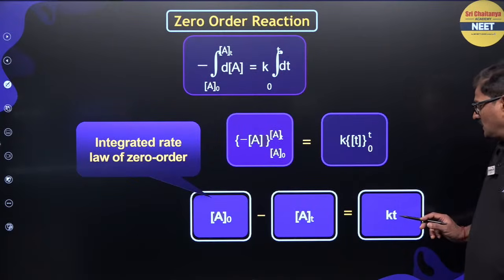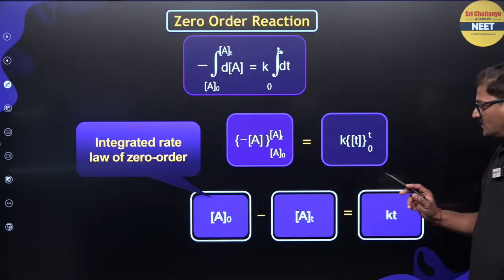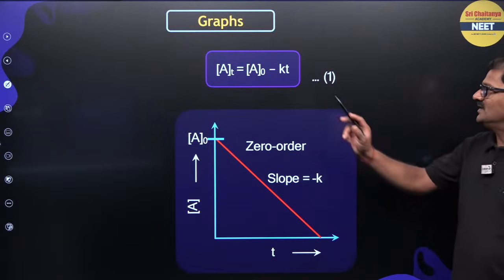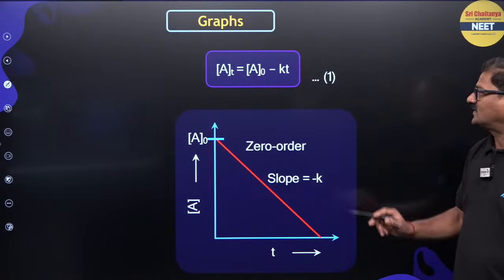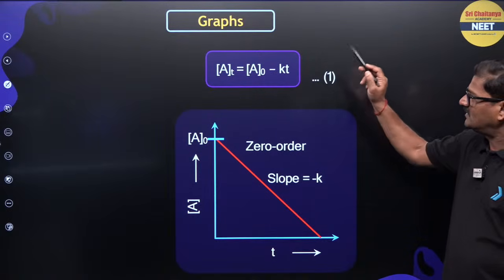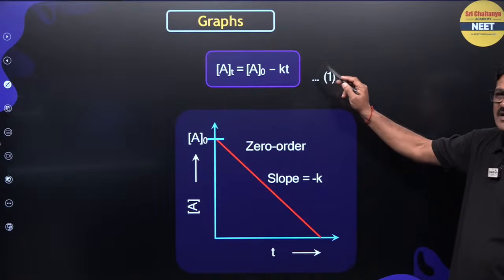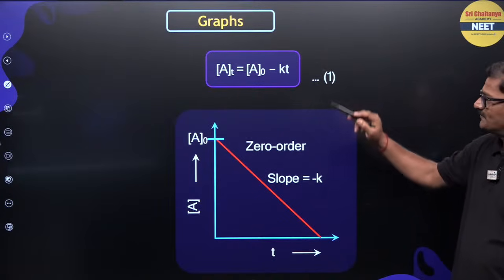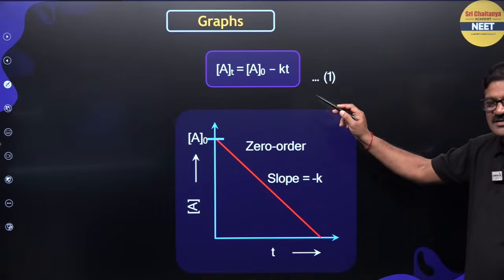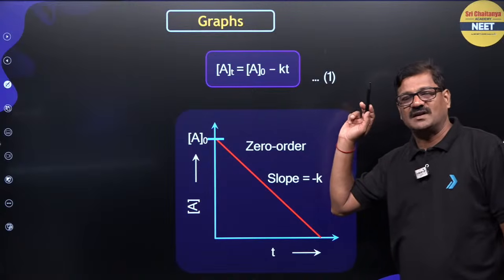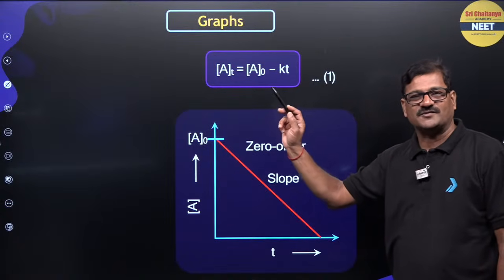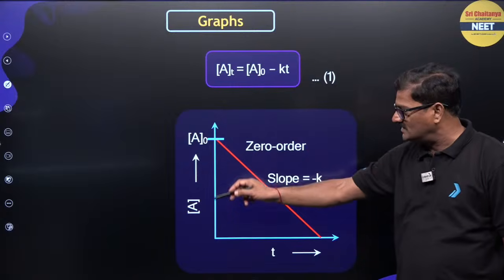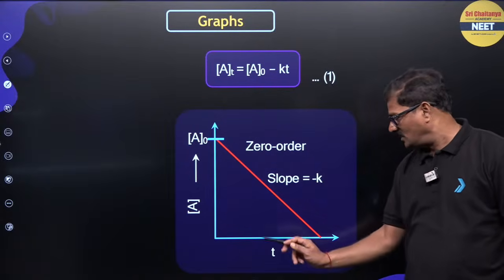So k is equal to (A naught minus At) by t. At is equal to A naught minus kt. It is the integrated rate law expression for zero order, which indicates the equation of a straight line, y is equal to mx plus c. You are going to see a graph between A and t.